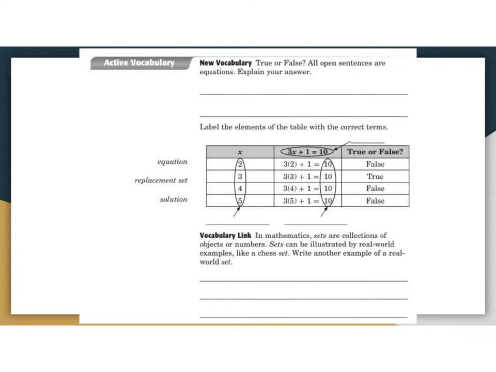So first we have new vocabulary. All open sentences are equations. Is that true or false? Well, let's recall that a mathematical statement that contains an algebraic expression and a symbol is an open sentence.